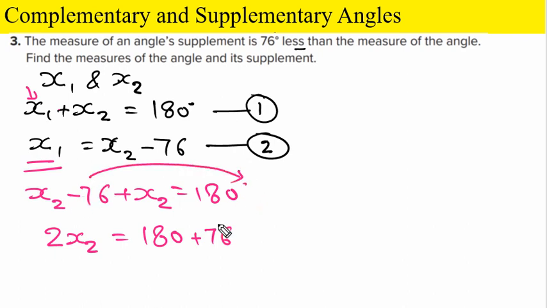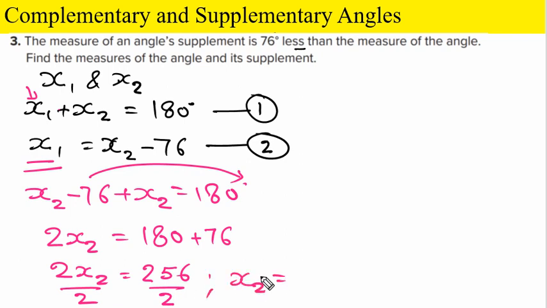This is negative, positive. So 2x2 is equal to 180 plus 76, which will give you 256. Now divide both sides by 2. x2 is equal to 256 divided by 2, which will give you 128 degrees. So angle 2 will be 128 degrees.